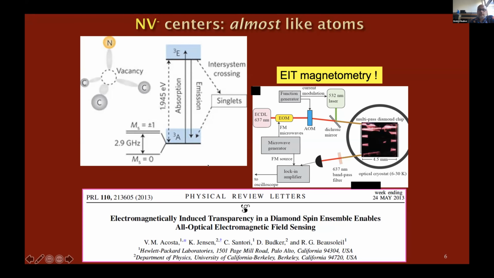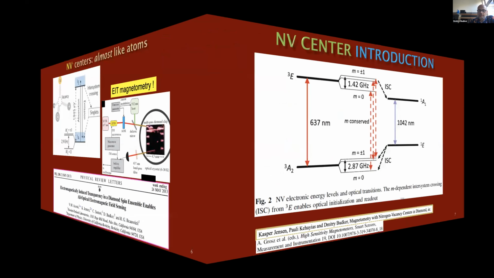But it is a bit misleading to think about this as an atomic system or even a molecular system, because after all, this is a solid state system and has all kinds of solid state peculiarities in it, and one of them being the sample dependence.